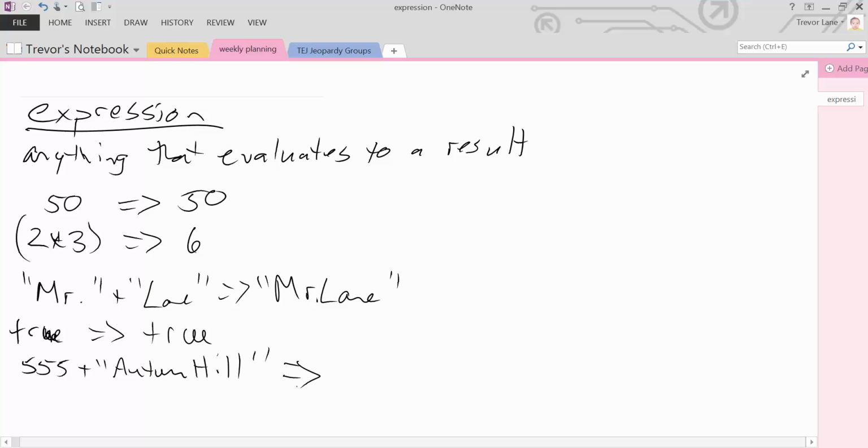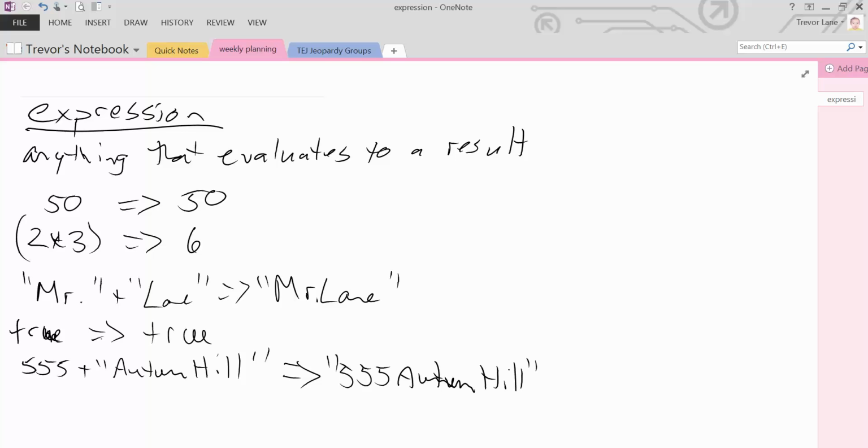What actually is going to happen here is C# is going to see that you're trying to add a number to text. And it's going to take that for granted. It's going to assume what you actually want to do is treat that number like text. So what you're going to end up with as a result here is 555 Autumn Hill. So it actually treated that 555 like text, which is actually pretty useful.